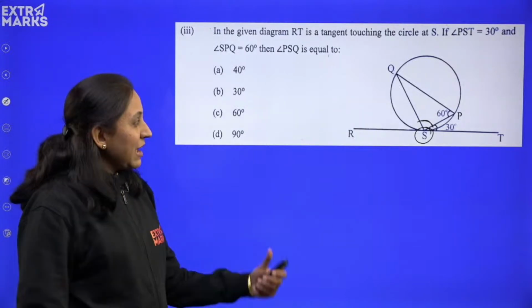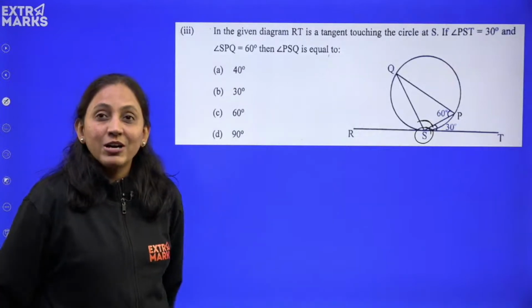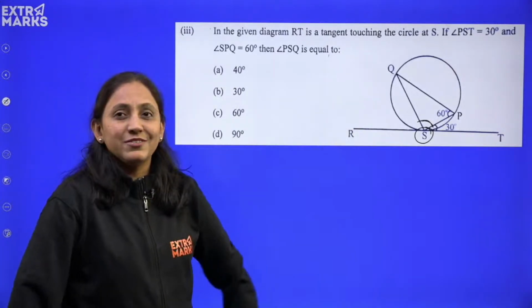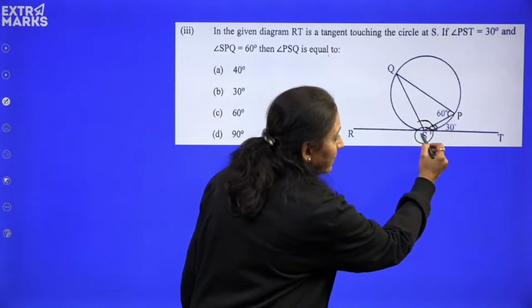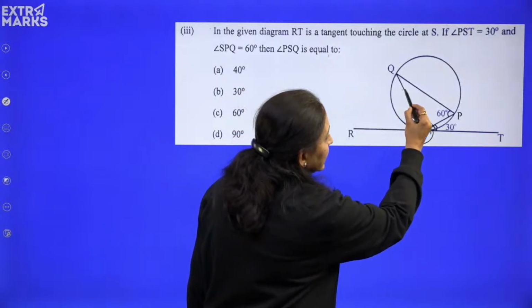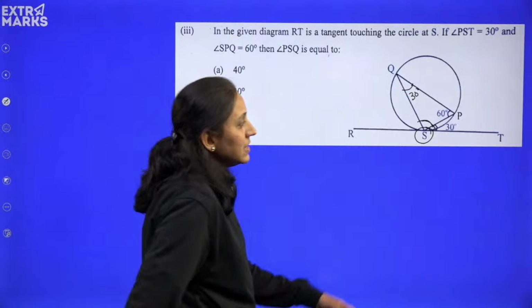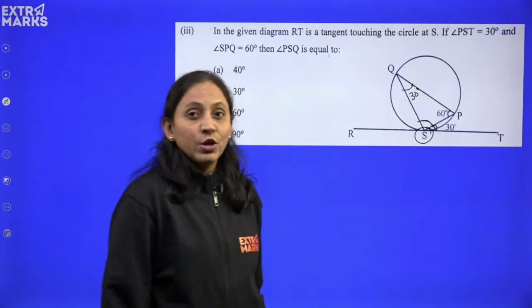Okay, the same kind of question very recently in our Extramarks mock test we had given. So it's a very similar question with just different values. All right. So if angle PST is 30 degrees, then angle SQP will also be 30 degrees, because SQP will be the angle in the alternate segment with SP being the chord.